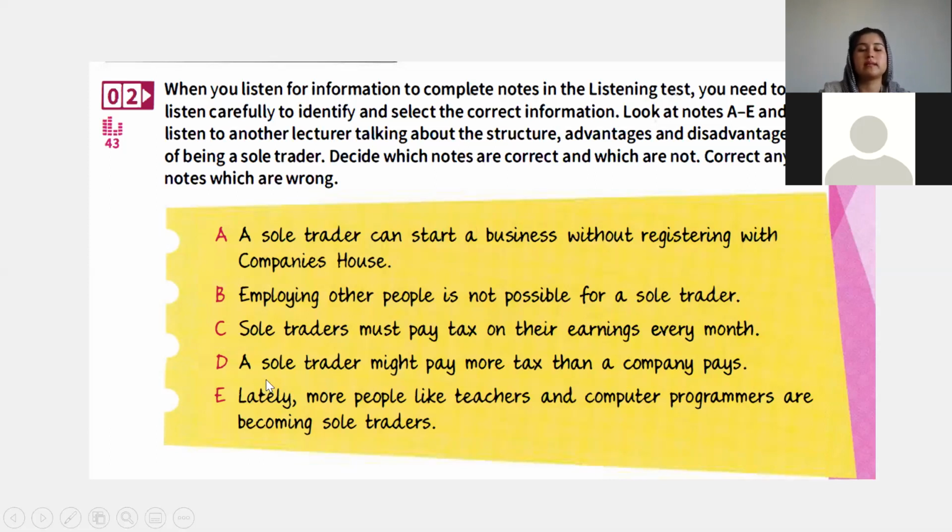So sole trader, pay tax, more tax, and company are keywords. And E says lately more people like teachers and computer programmers are becoming sole traders. So lately, teachers, computer programmers, sole traders are the keywords.